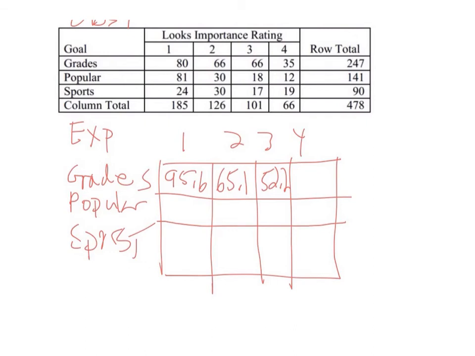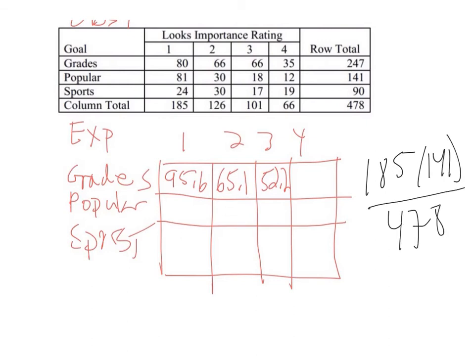So we're going to do 185 times 141 divided by 478. And I'm getting 54.6 or thereabouts.